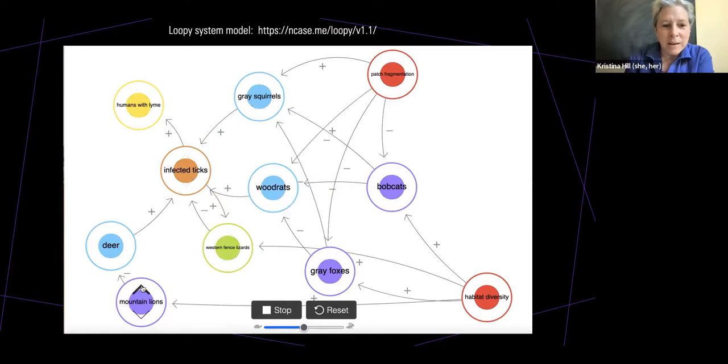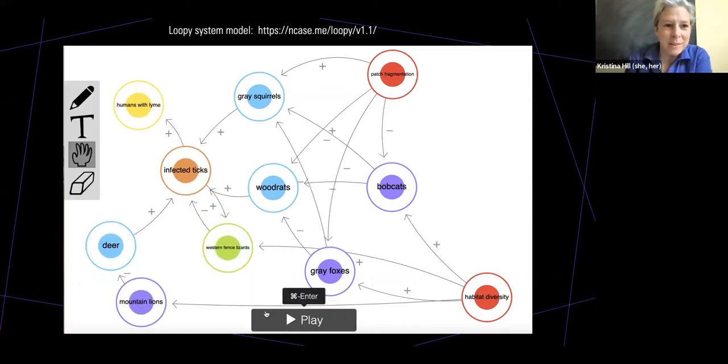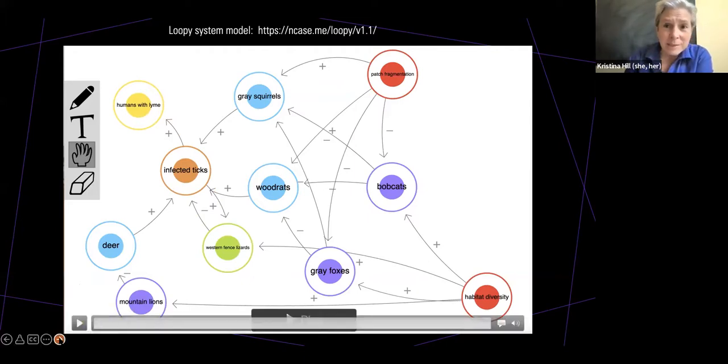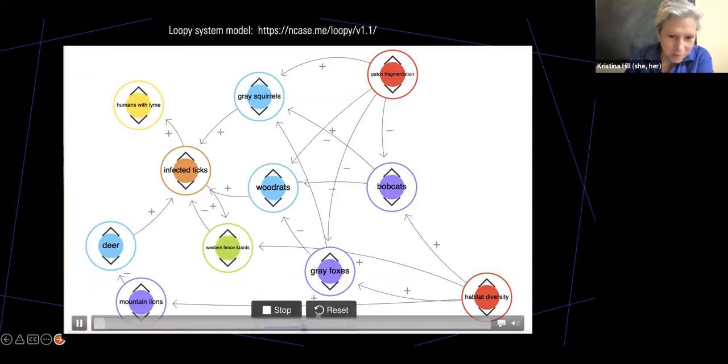Habitat diversity and habitat fragmentation actually has a bigger impact in this model than in other models. But when the number of mountain lions goes down, you actually can see that humans with Lyme and infected ticks goes up. So this is an example of trying to connect species to systems in an important way.